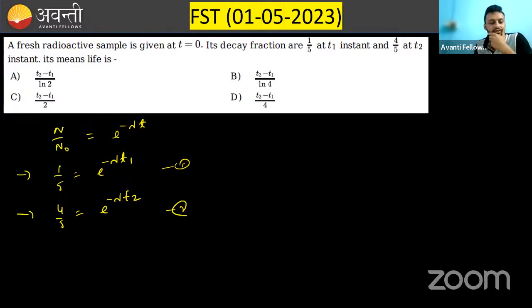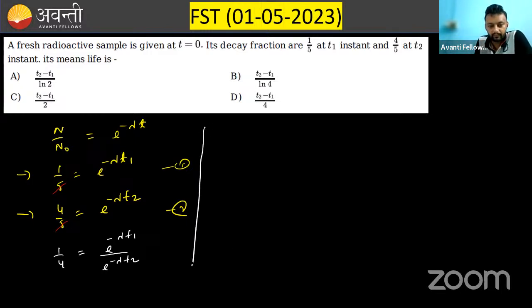If I can divide these two equations, what I will get? This 5 and 5 can be cancelled. And I will get 1 by 4 is equals to e raised to the power minus lambda t1 divided by e raised to the power minus lambda t2.